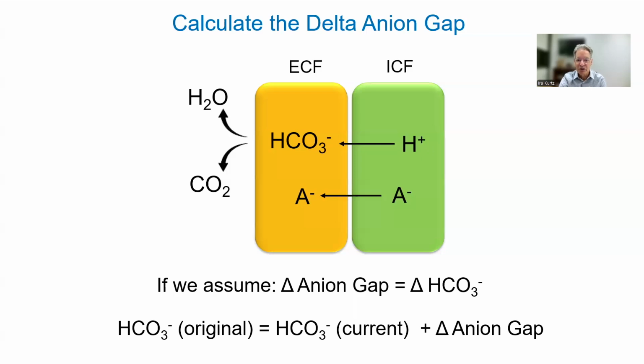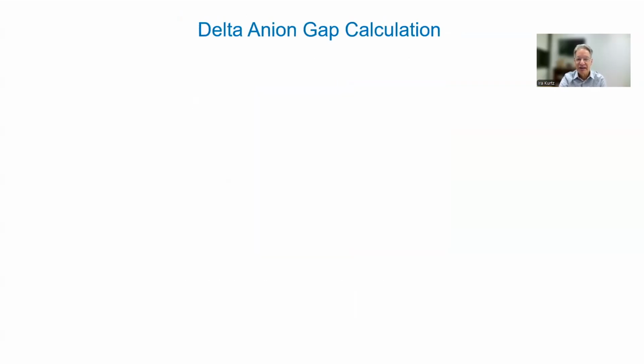However, if they were true, then it would be true that the change in the anion gap would equal the change in the bicarbonate, and one could look at the change in the anion gap plus the current bicarbonate to calculate the original bicarbonate. So this is what's done clinically, even though those assumptions aren't necessarily true, and on an exam, to calculate the original bicarbonate concentration if the metabolic acidosis was not there.